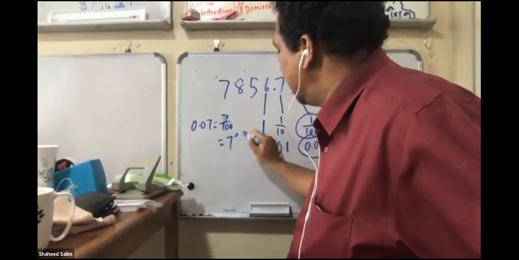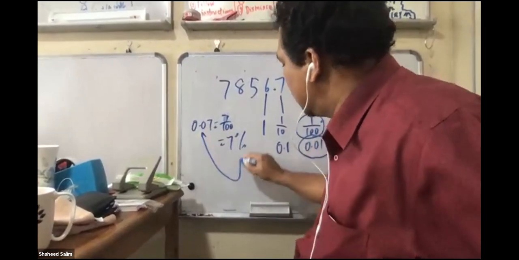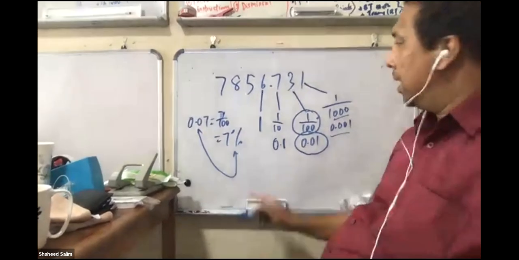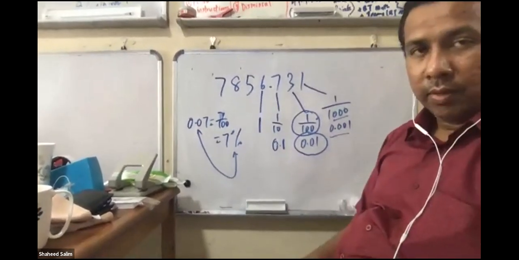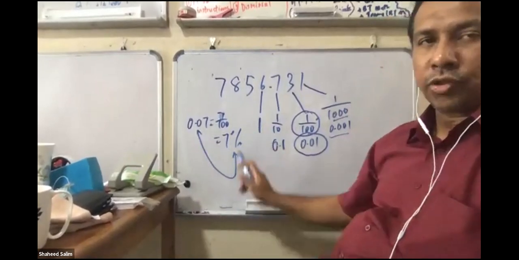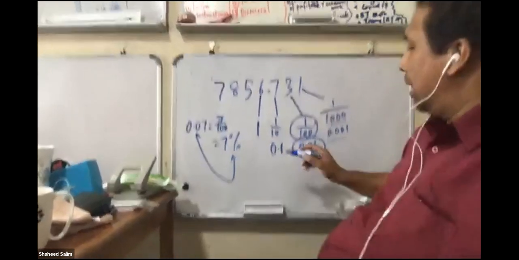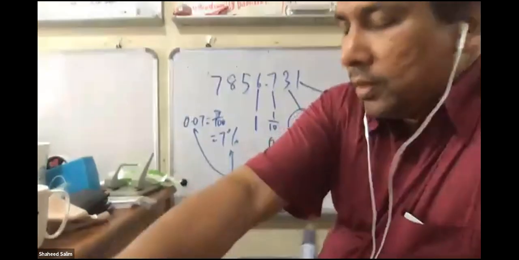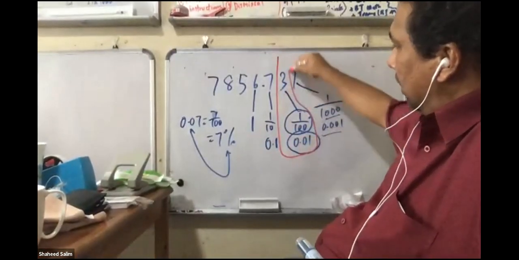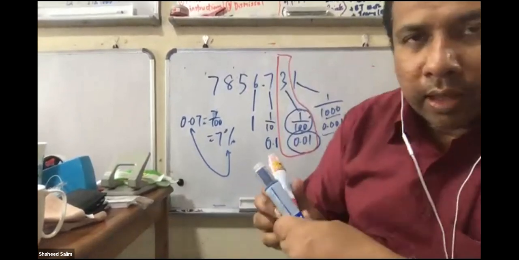This is 7%. This 0.07 is 7%. You must be able to see the link between percentage, decimal, and fraction. The link is where? It's in the hundredths place. This is the link. Are you all okay?